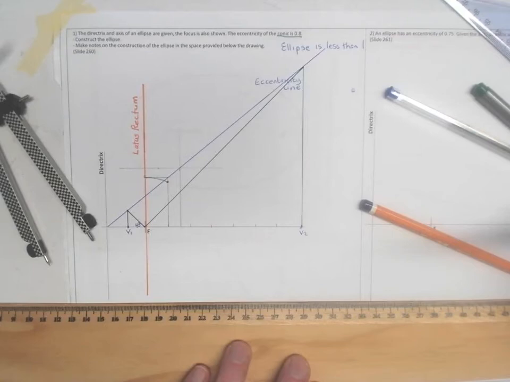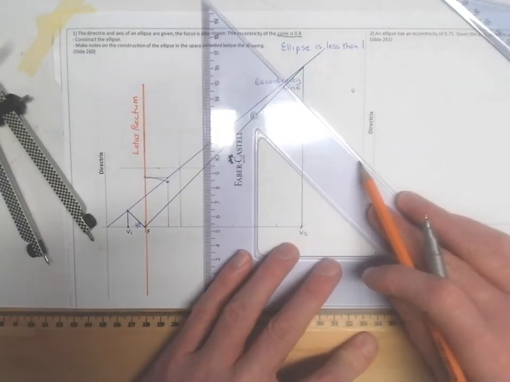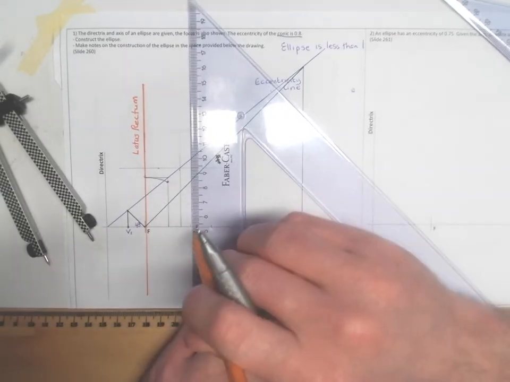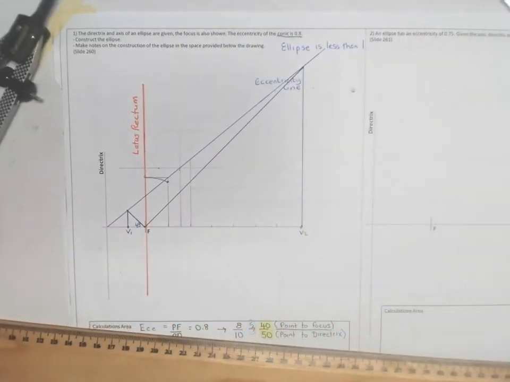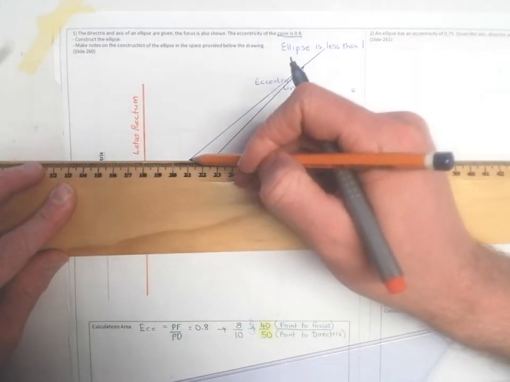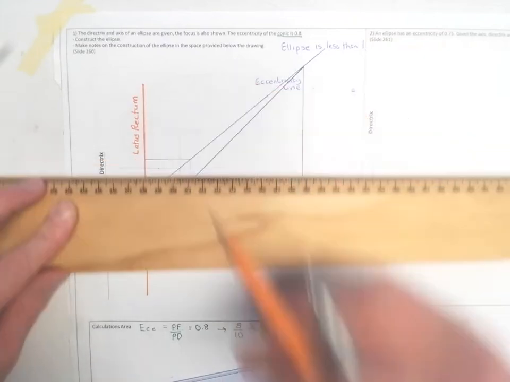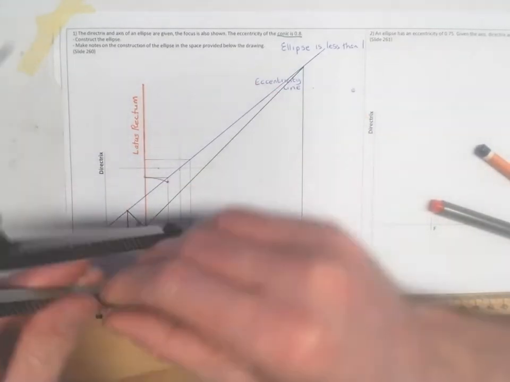So we'll do the next one. Draw a line up to hit the ECC. Back to hit the latus rectum. Your focus is your center.